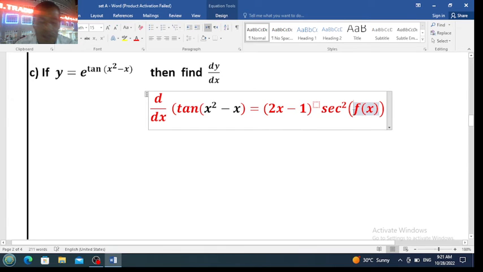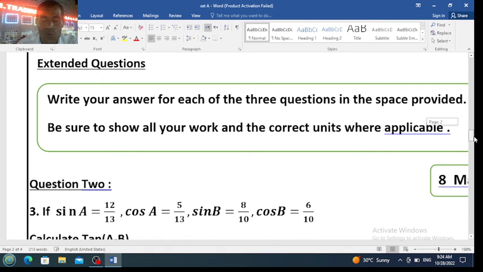Question number 3, write your answer for each of the 3 questions in the space provided. Be sure that all your work is shown, and use the correct units where applicable. Now we have this question.